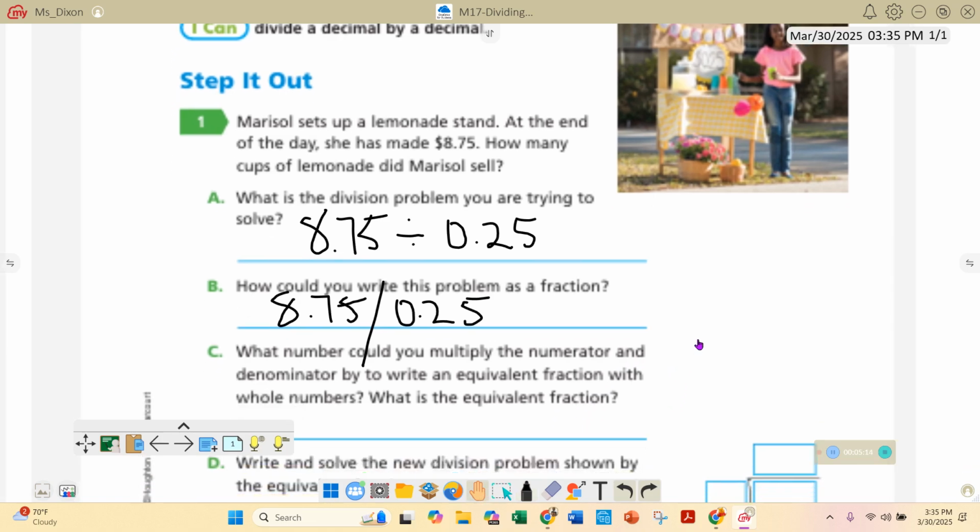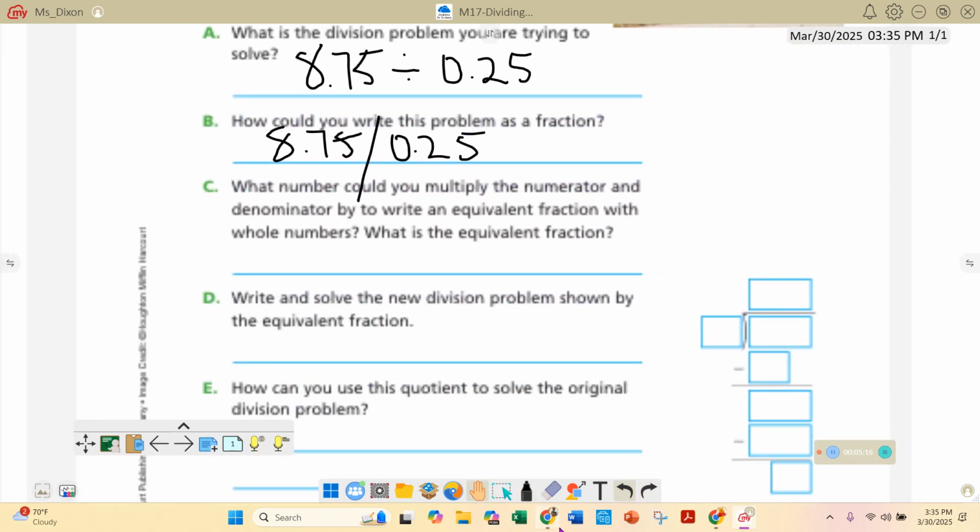All right, our next question says, what number could you multiply the numerator and the denominator by to write an equivalent fraction with whole numbers? What is the equivalent fraction? So remember, if you are writing equivalent fractions, that means you must multiply or divide your numerator and your denominator by the same number.